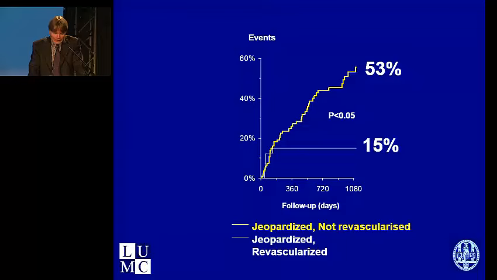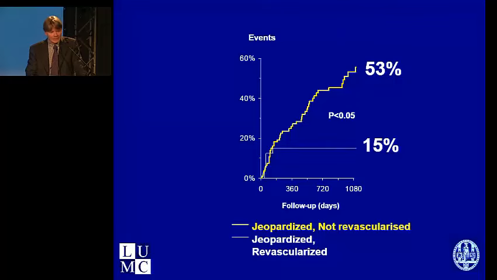We found in yellow that if there was jeopardized myocardium that was not revascularized, because, and I forgot to say that these patients that come to our hospital with an aborted sudden death, they get an angiogram, they get an echo, they get all this systematic workup. In addition to that, based on the findings that we have, including the ischemia and viability assessment, the patients are referred for revascularization or not, and after that the discussion takes place about ICD.